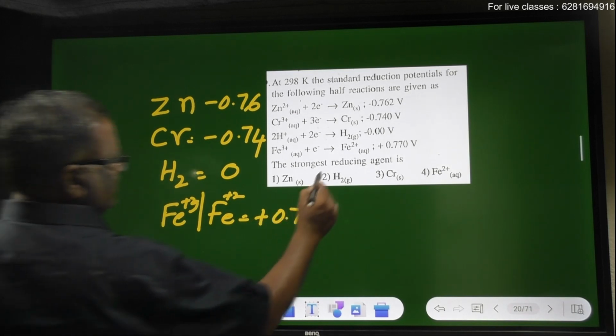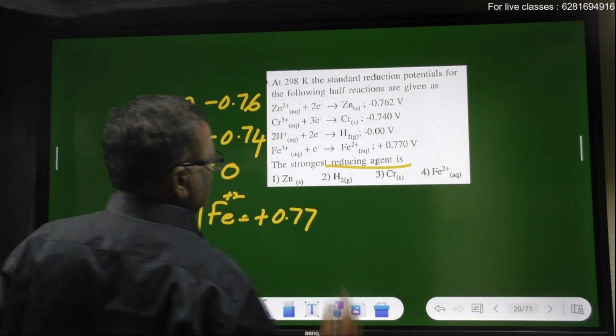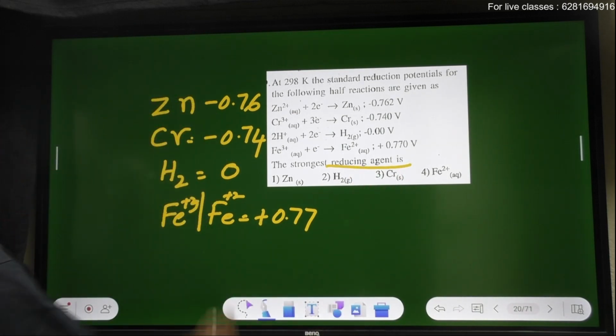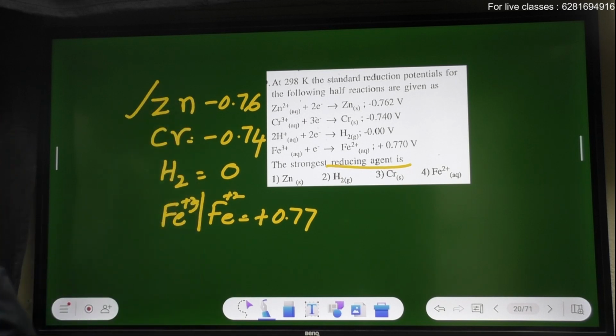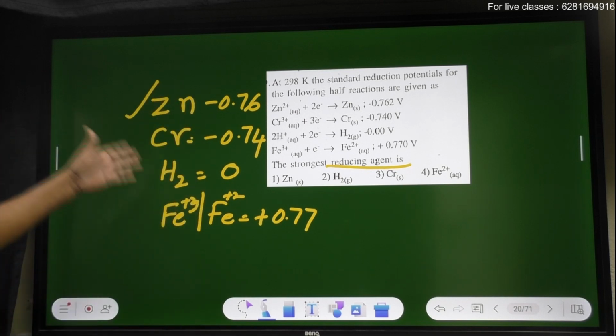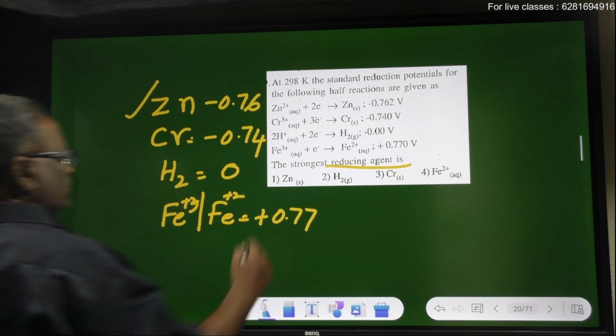Now, the strongest reducing agent is the one present on the top of the electrochemical series with respect to reduction potentials. So zinc is the most powerful reducing agent among the given electrodes.